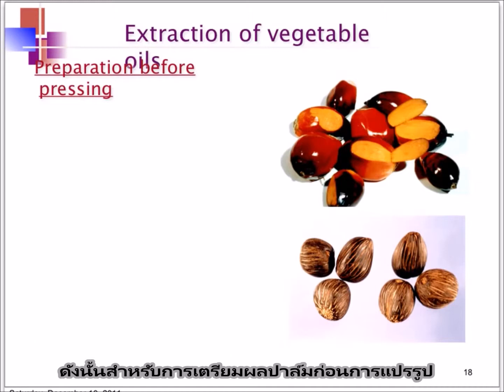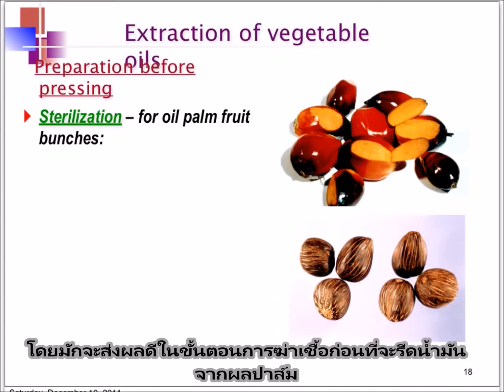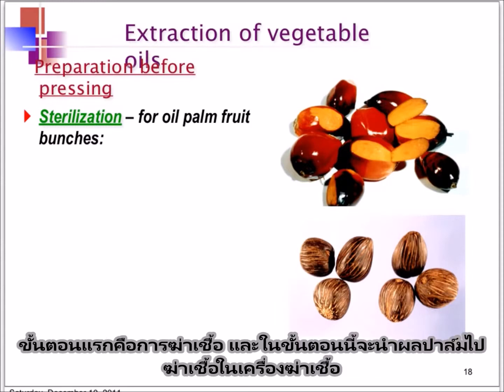So for the preparation of the oil palm fruits before processing, usually we go through the sterilization process. Before pressing out the oil from the oil palm fruits, the first step is sterilization. In this process, the oil palm fruit goes through sterilization in the sterilizer.